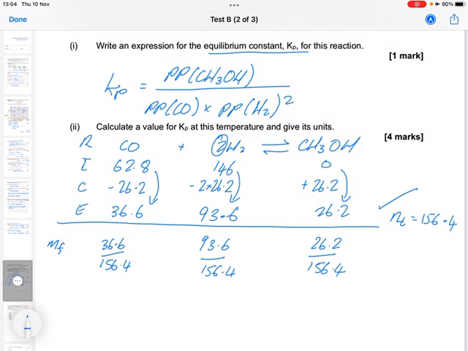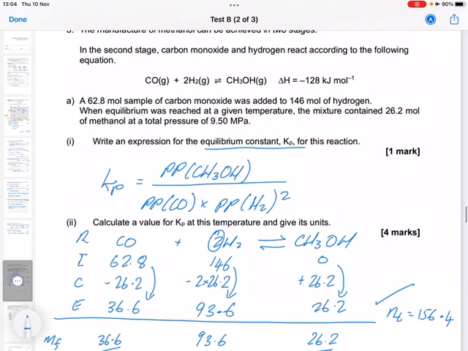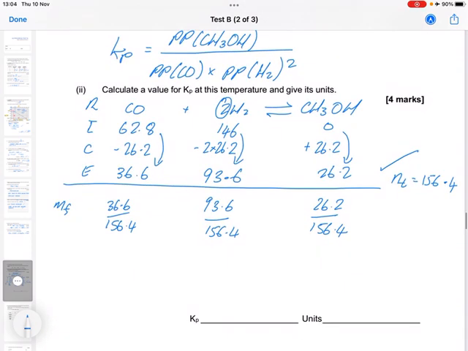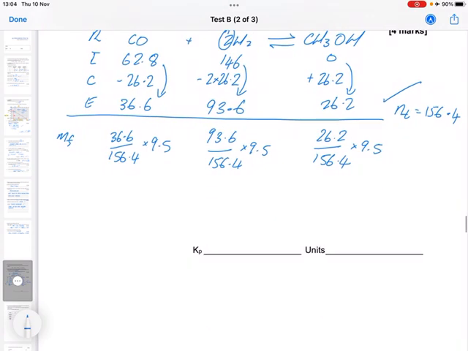And then to get the partial pressures, I need to multiply by the total pressure, which is 9.5. So 9.5, 9.5, 9.5, and that gives me 2.22, 5.69, and 1.59.